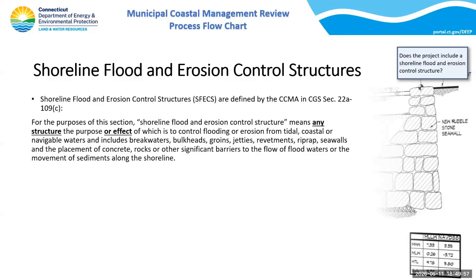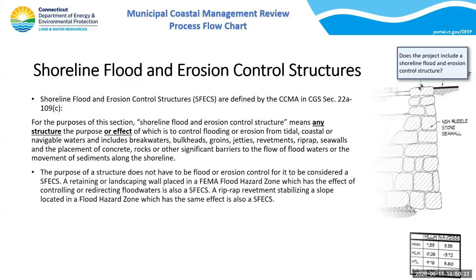That placement of concrete, rocks, or other barriers can include landscaping walls, things that are not necessarily built for the purpose of controlling floodwaters, but if they are going to have a significant effect of controlling floodwaters, then they can be considered shoreline flood and erosion control structures. That typically happens in FEMA flood hazard areas or close to coastal waters.